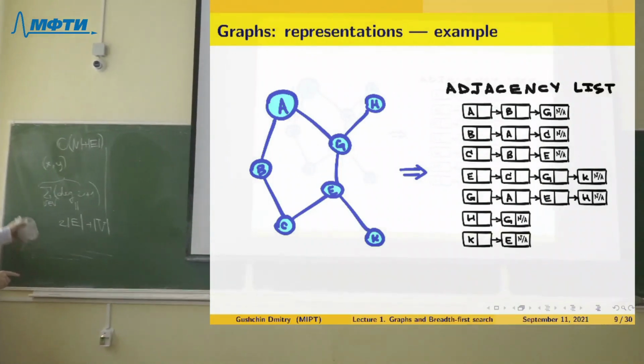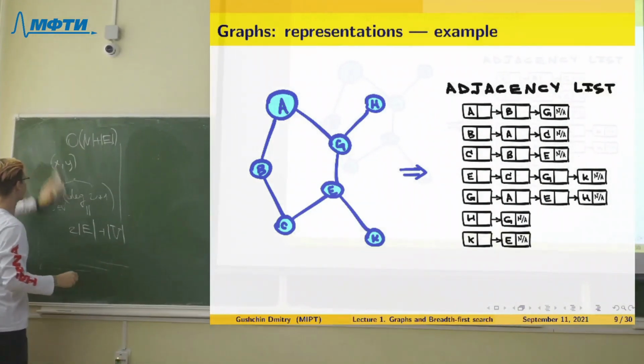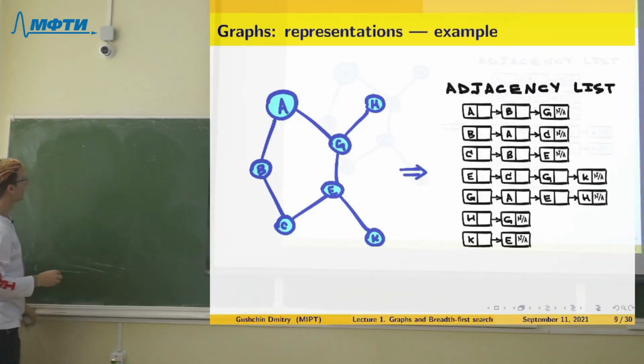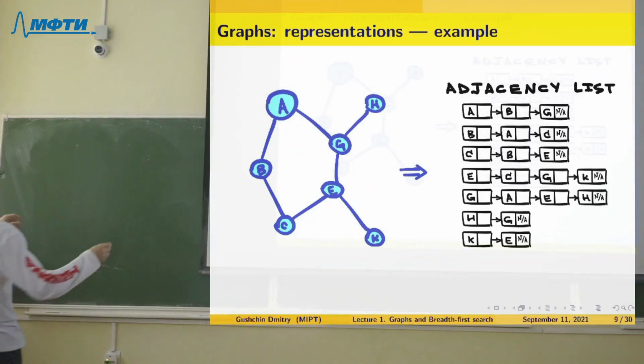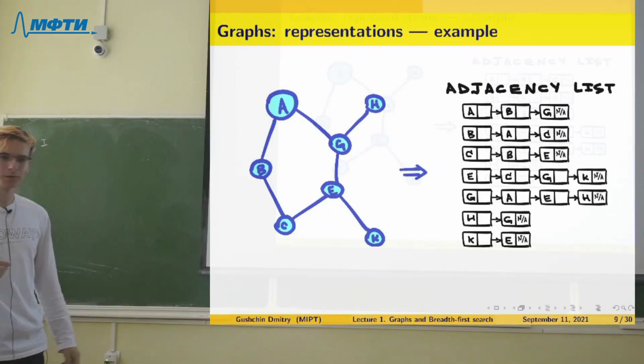Okay, now I clear this board and write down proof of this equality. Firstly, I have a question about O notation.